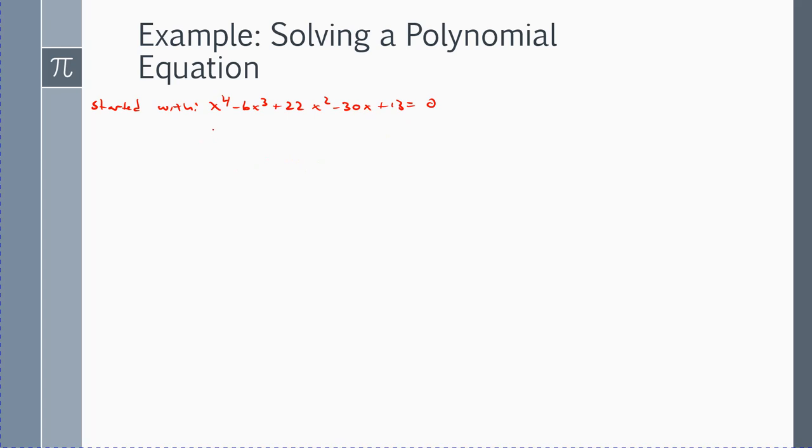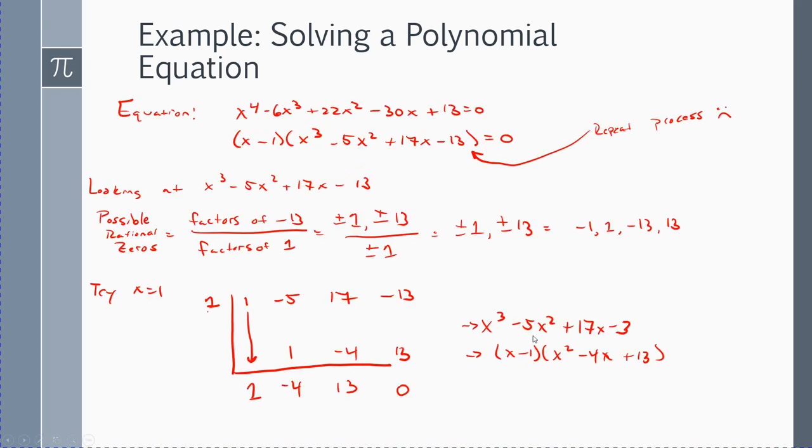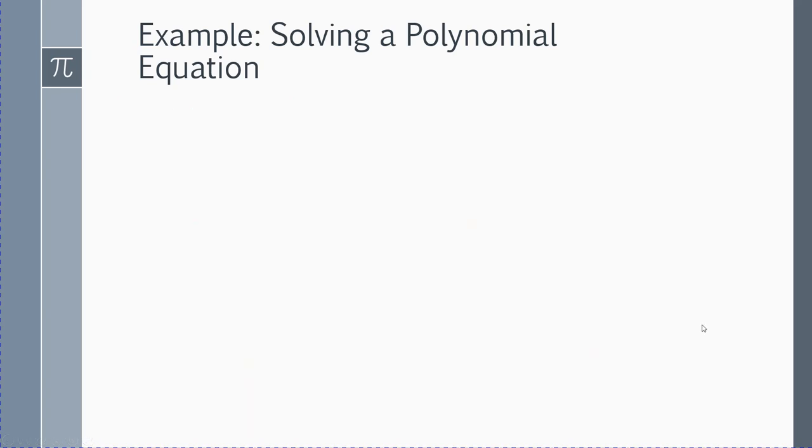Then it became x minus 1 times x cubed minus 5x squared plus 17x minus 13. And then I rewrote that x cubed minus 5x squared plus 17x minus 13 as this.